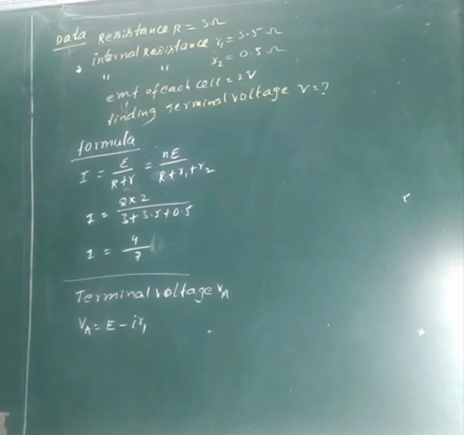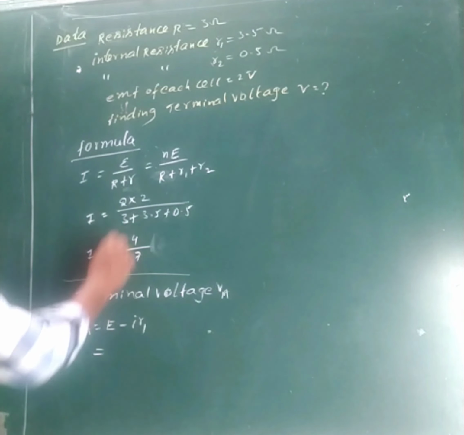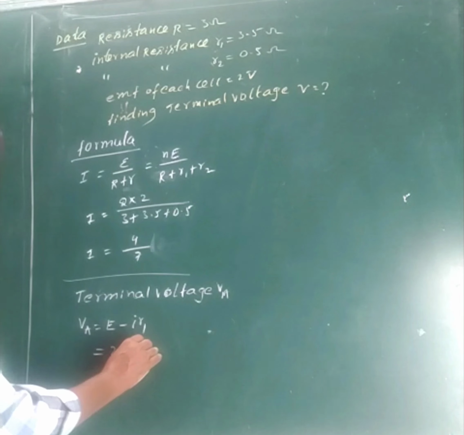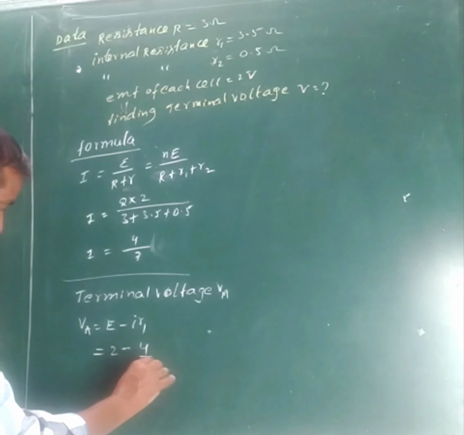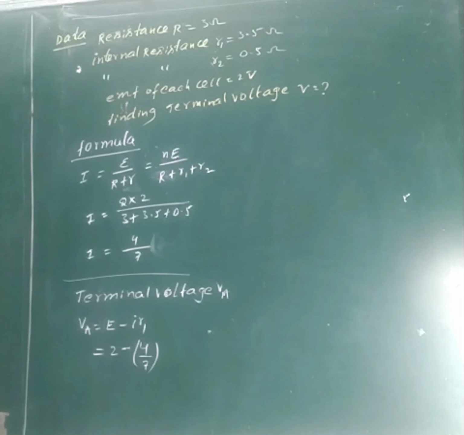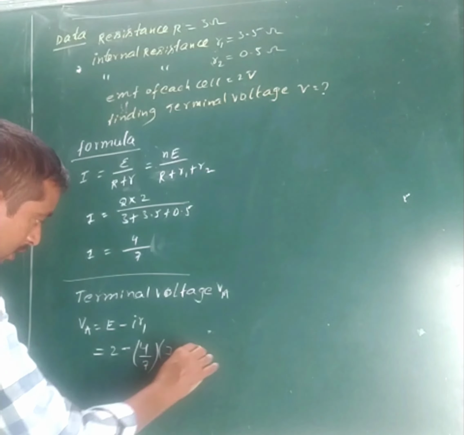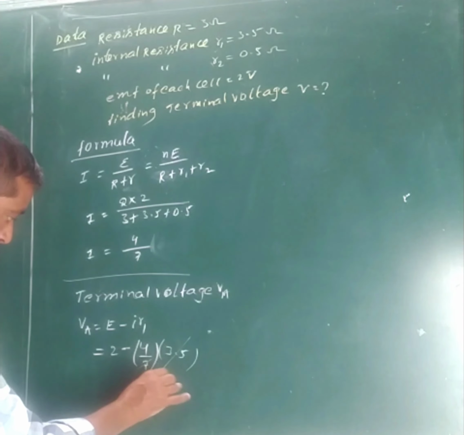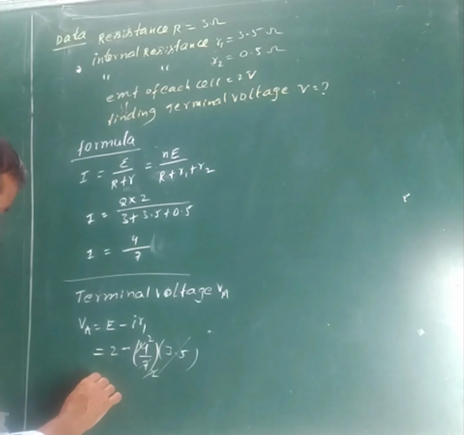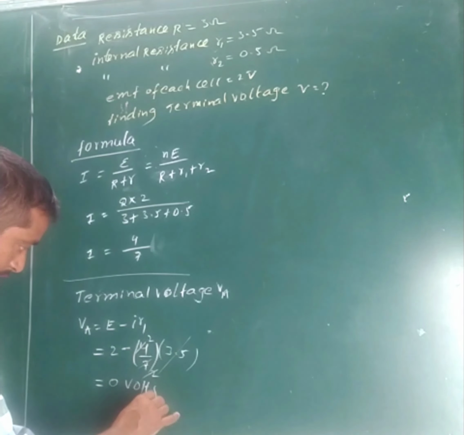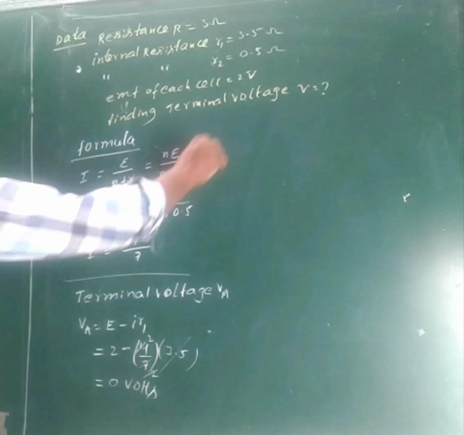VA is equal to E value, which is 2 volts, minus current 4 by 7, into internal resistance 3.5. 3.5 and 7, 2 times is cancelled. Again 2 also both get cancelled. Then VA is equal to 2 minus 2, which is 0 volts.